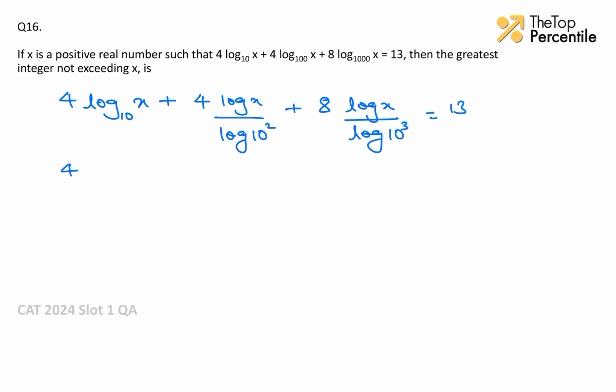Now this will be 4 log to the base 10x plus, this 2 will come outside, so this will be 2 log x to the base 10. Here 3 will come out, so this will be 8 by 3 log x to the base 10. This will be 13. So let's add these now.